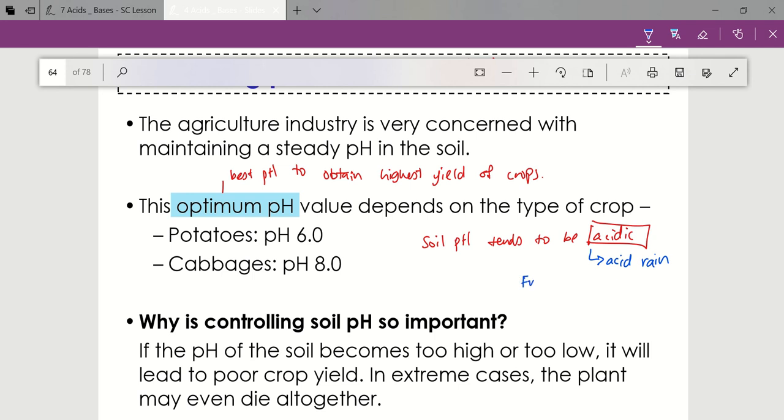So fuels like petrol, diesel, coal, all that, they are carbon based. And carbon based fuels, when combustion is carried out, carbon dioxide will be produced.